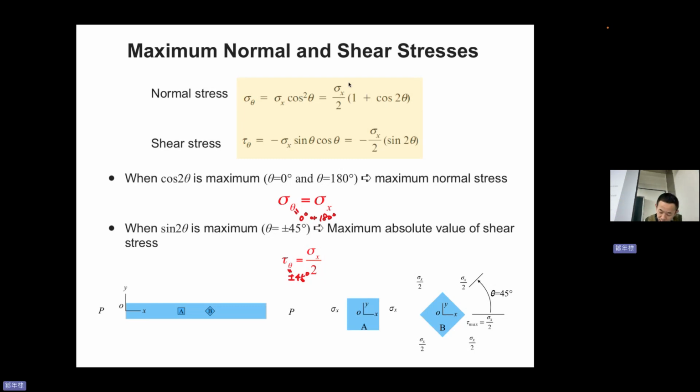Okay, so let me draw the meaning of this. So now you have P, and element A here is theta equal to 0 degree, and this direction is theta equal to 180 degree. You notice that when you draw a stress element, actually you talk about one of the surfaces.